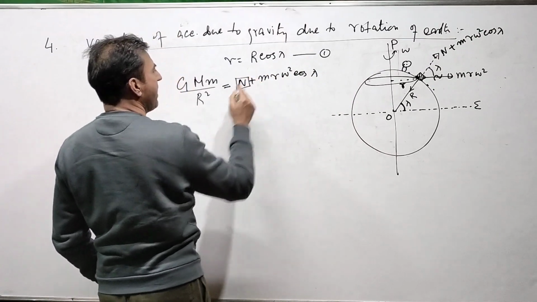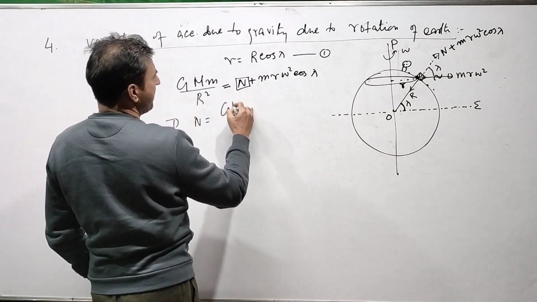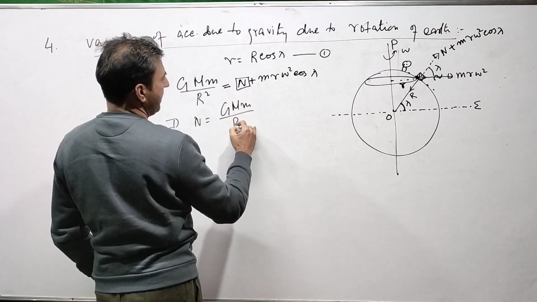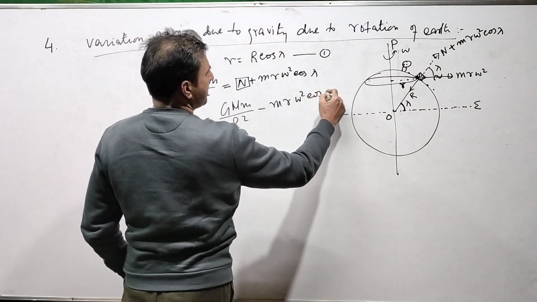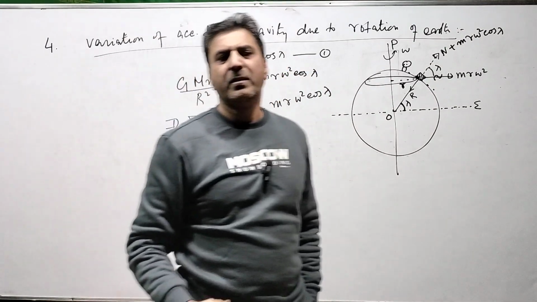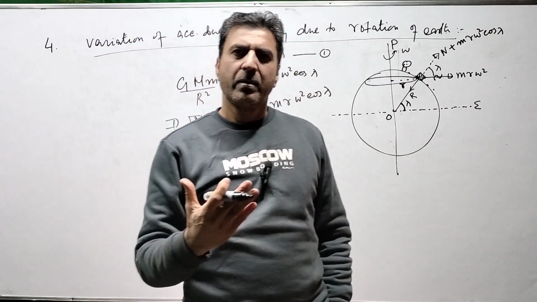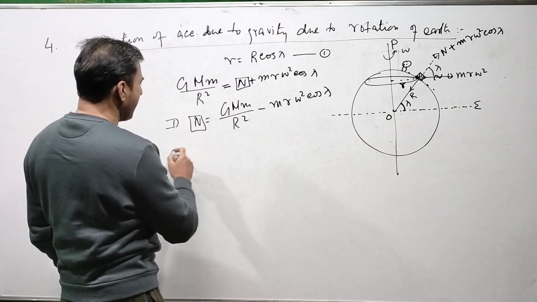What is the normal reaction now? The normal reaction can be written as GMm/R² minus mrω² cos λ. Now the normal reaction N is the weight. The normal reaction on the object by the surface of the Earth is the weight, that is the apparent weight.